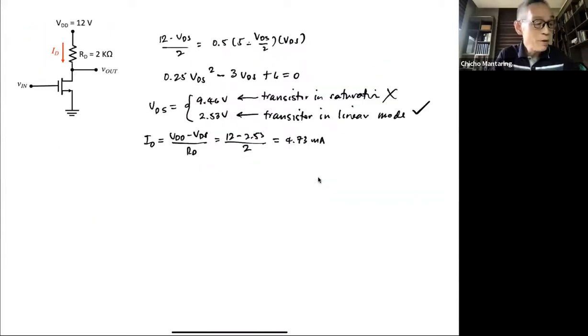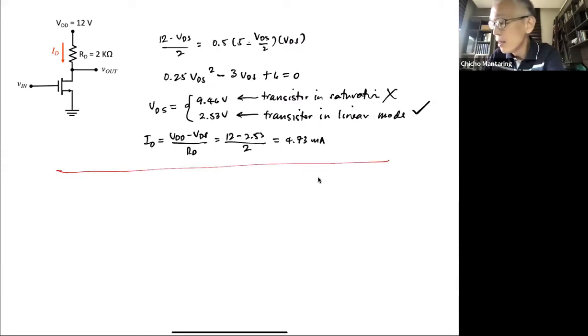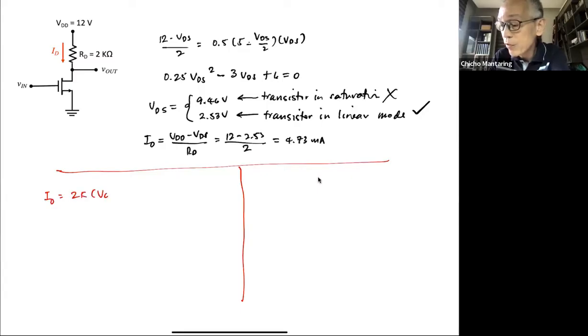Some books write it this way: ID is equal to 2K times VGS minus VTH minus VDS over 2, times VDS. And this is for linear. For saturation, you have ID is equal to K times VGS minus VTH squared.